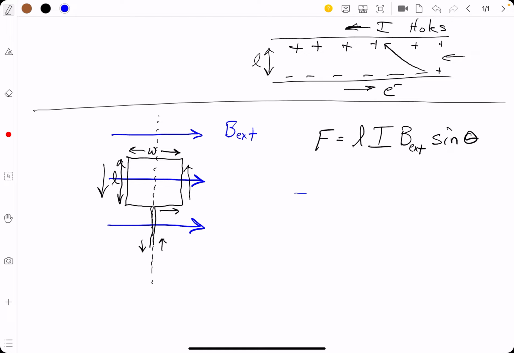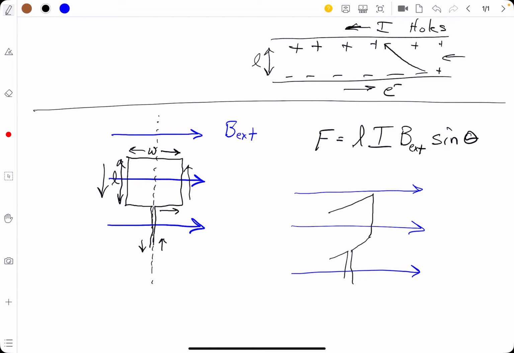So let's do this, and now we'll rotate this thing. Okay, so we're rotating like that. Okay, and so we've got some width, and we still have a length. We still have our current coming in this side, right?